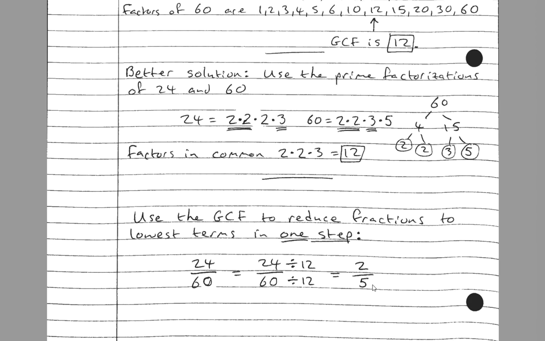You can't cancel anything else. If you just used a common factor like 4, so if you divide top and bottom by 4, you get 6 over 15. But then you could cancel another 3. So you could do this in 2 steps, but if you want to do it in just 1 step, use the greatest common factor.